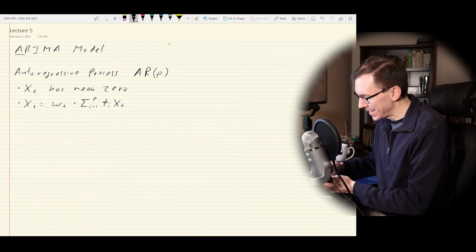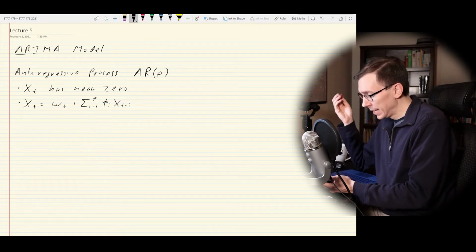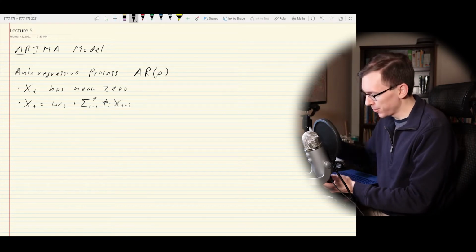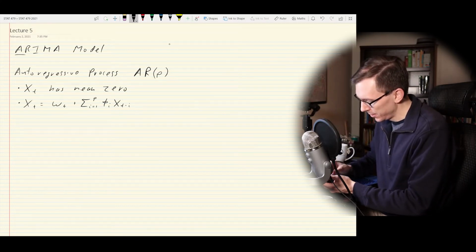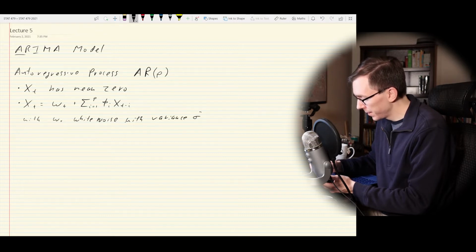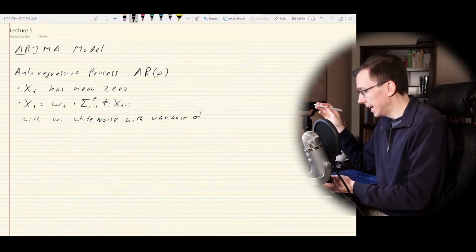And W_t is white noise as usual, with variance sigma squared.